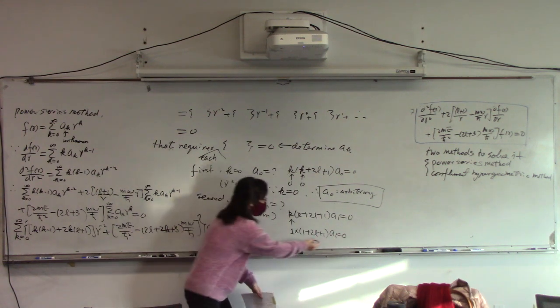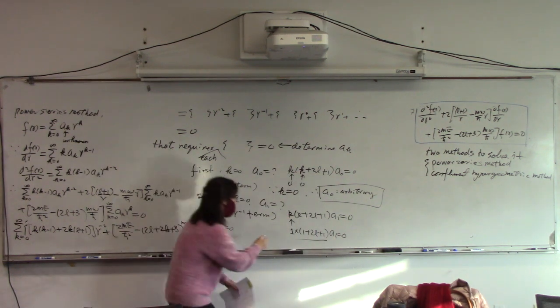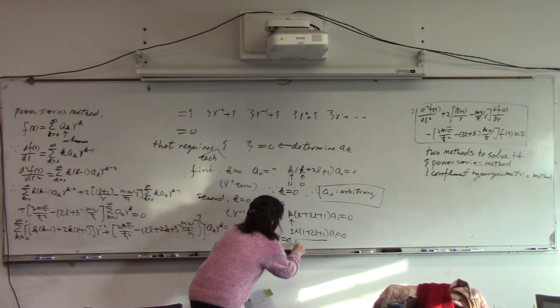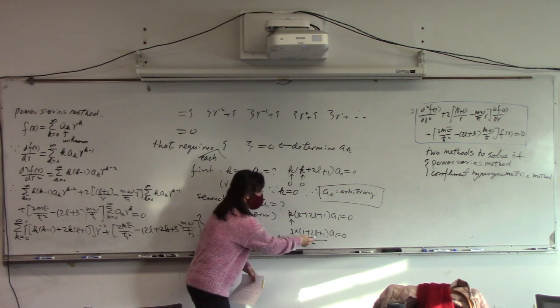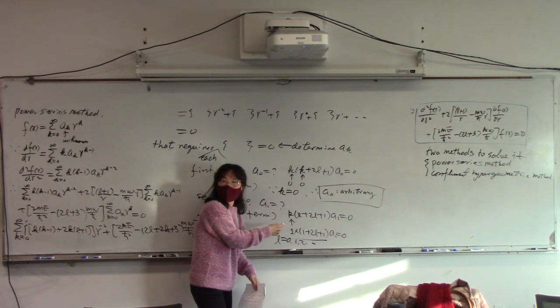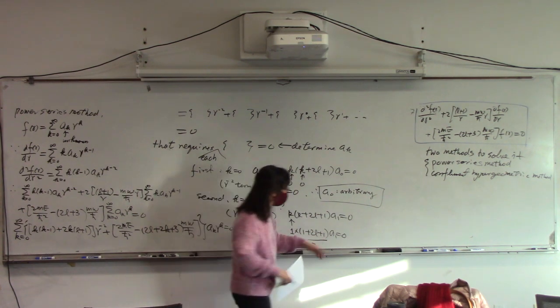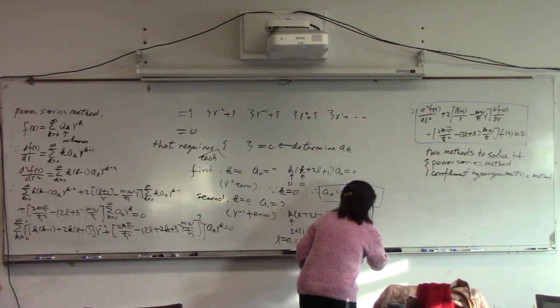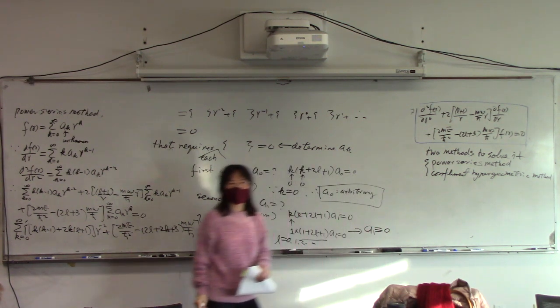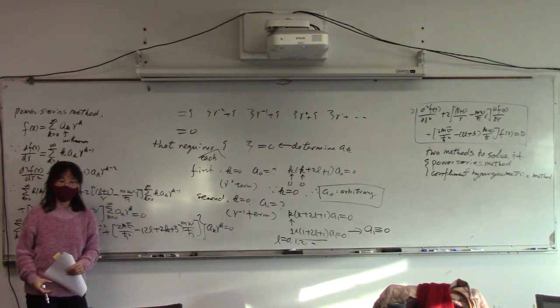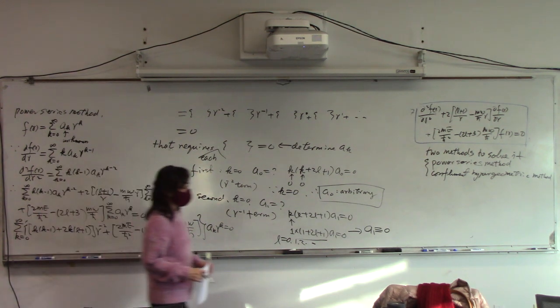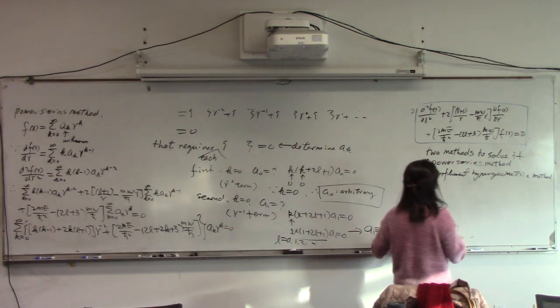These are not 0 because L is 0, 1, 2, whatever higher. Even if L equals 0, this is 2, 1 multiplied by 2 multiplied by a1. So immediately a1 is always 0. That is interesting. Later you will see all the odd coefficients are 0.